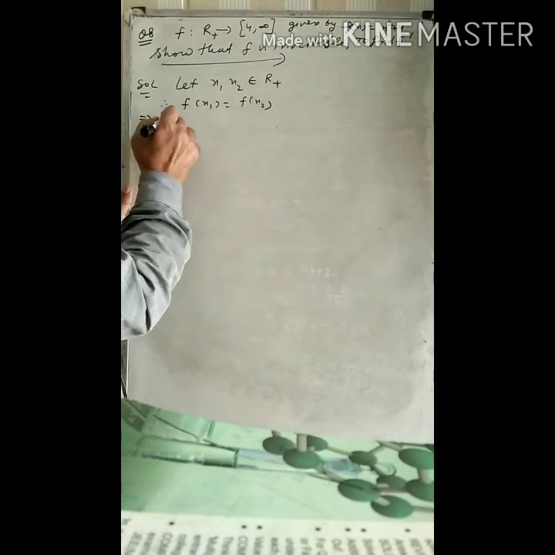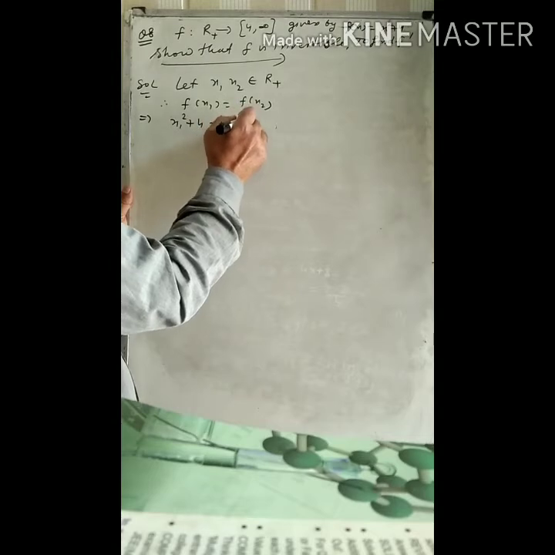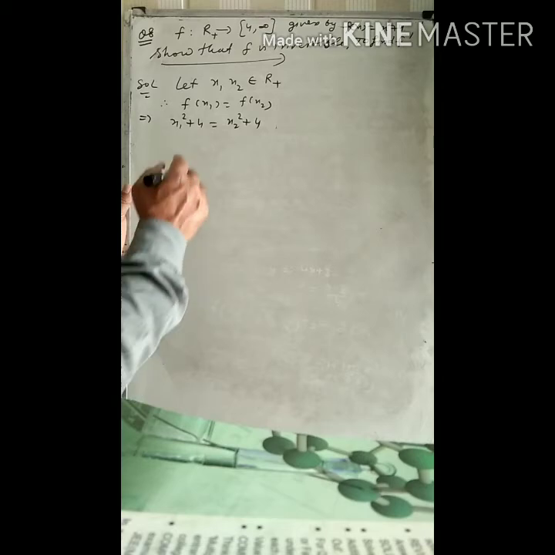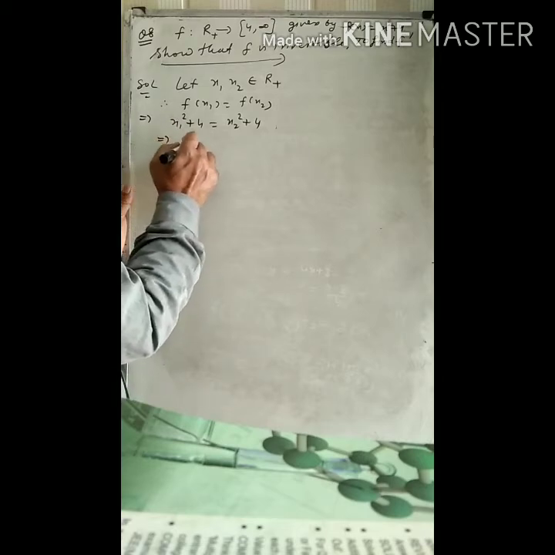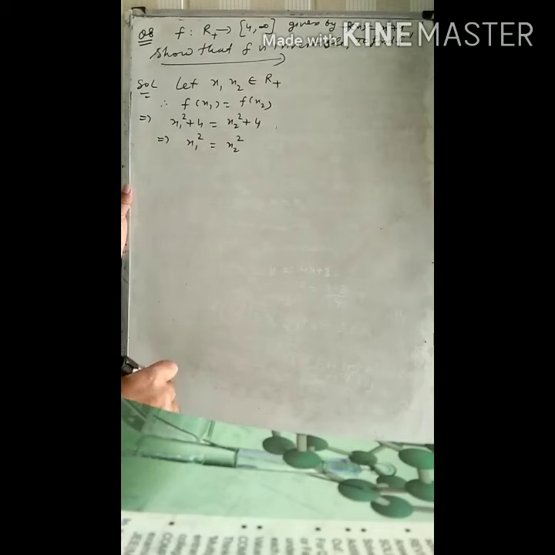This implies x1 square plus 4 is equal to x2 square plus 4. This implies x1 का square is equal to x2 का square.